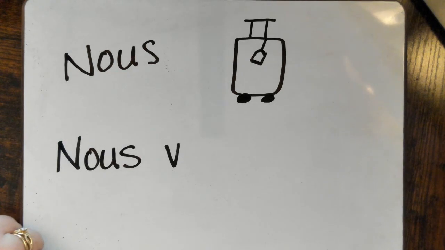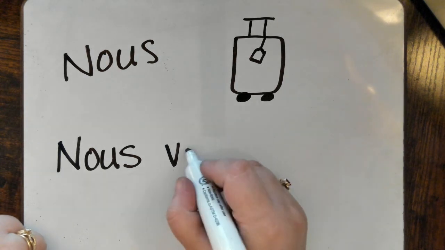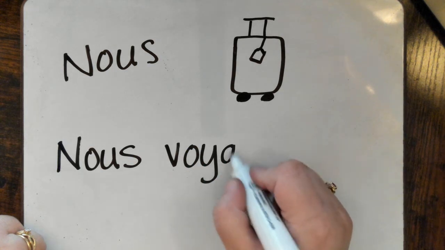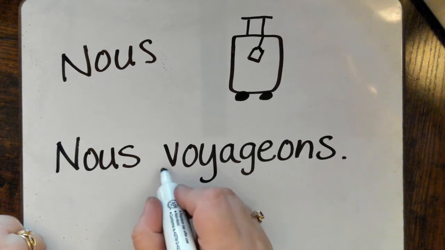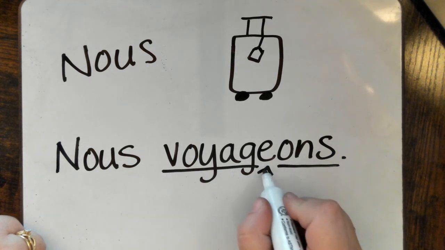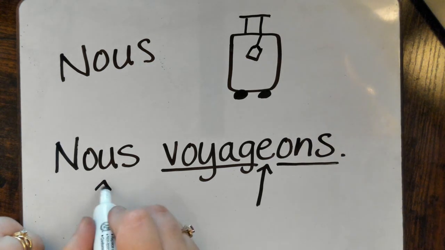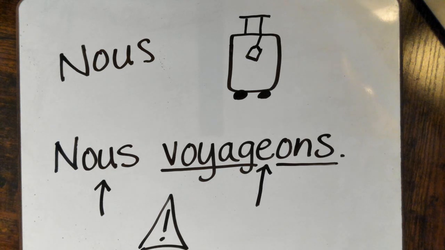I'll give you a clue, it starts with a V. There's the answer. Nous voyageons. Here's the stem, here's the ending, and here's that extra E. And our subject is nous. Okay, so that is everything you need to know so far about how to conjugate regular ER verbs.